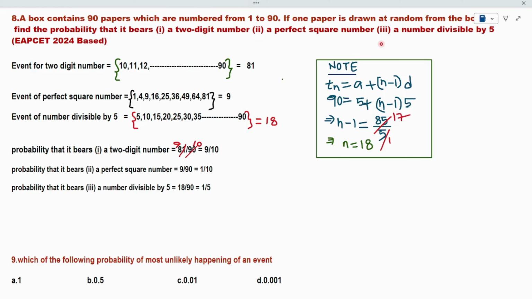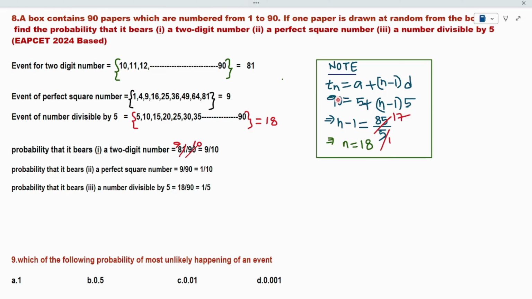Then come to the third question. I need to find the event of a number divisible by 5. From 1 to 90: 5, 10, 15, 20, 25 and so on up to 90. These numbers are divisible by 5. So we need to find how many numbers are divisible by 5. Using the arithmetic progression formula, we can find this.